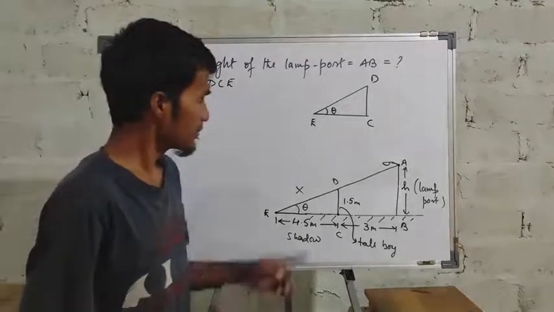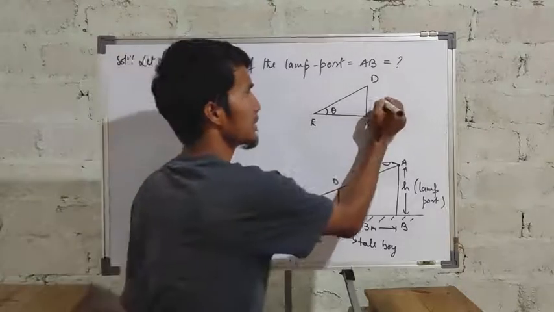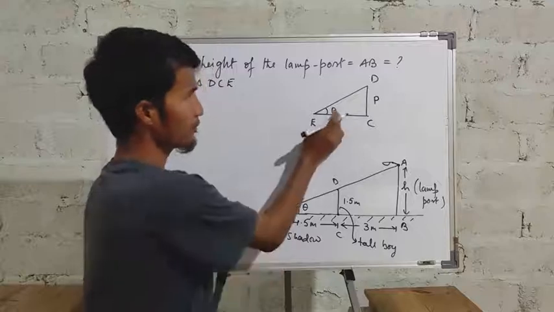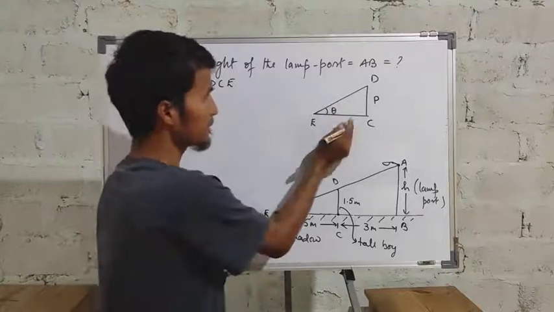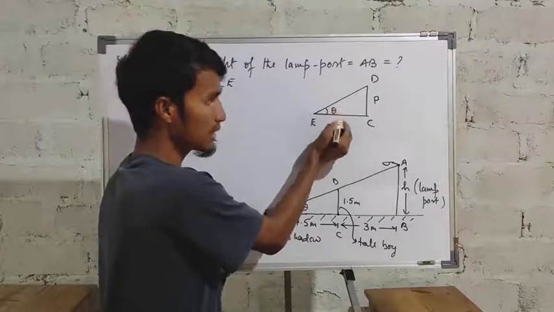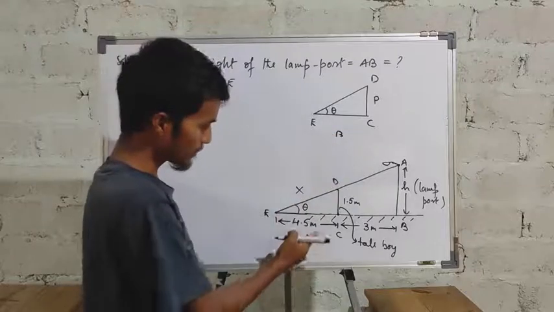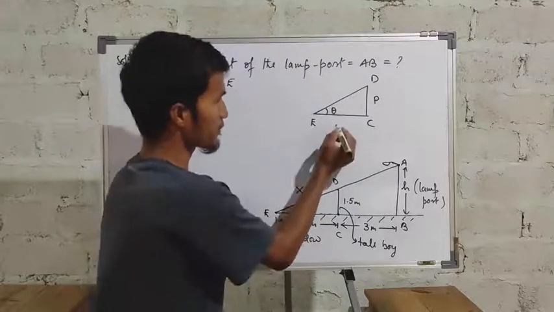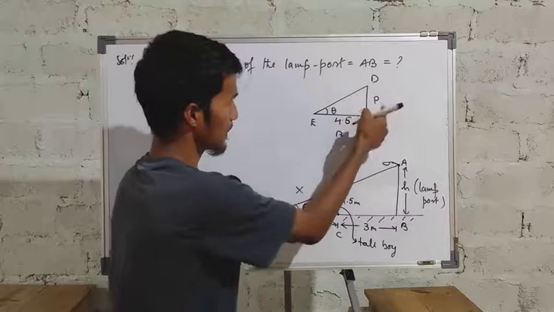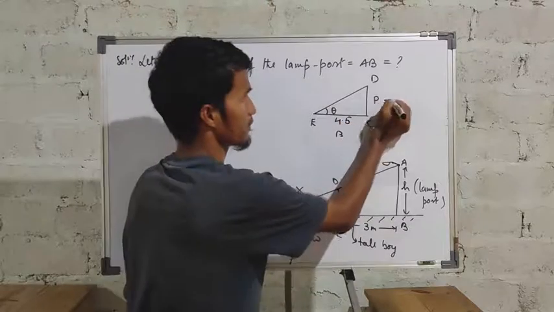Now from this triangle, this is the perpendicular, opposite to the angle, and this is adjacent to the angle, which is called the base. Now from this figure, base is 4.5, then perpendicular is 1.5.